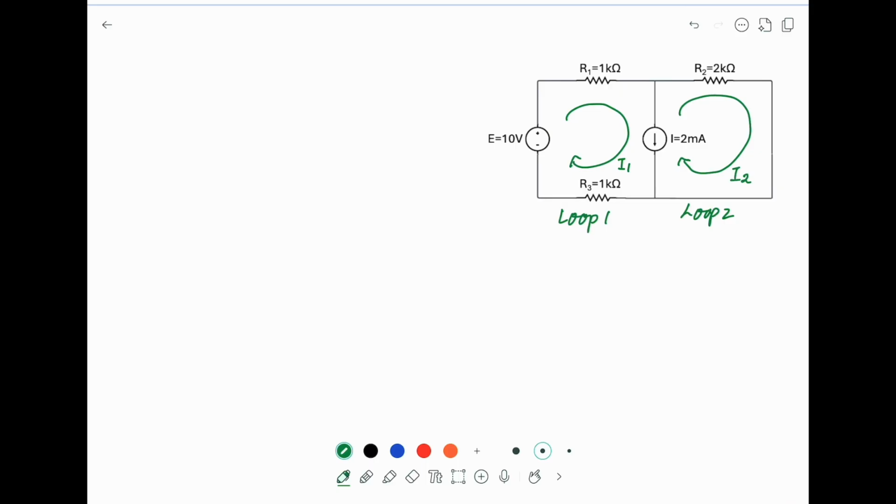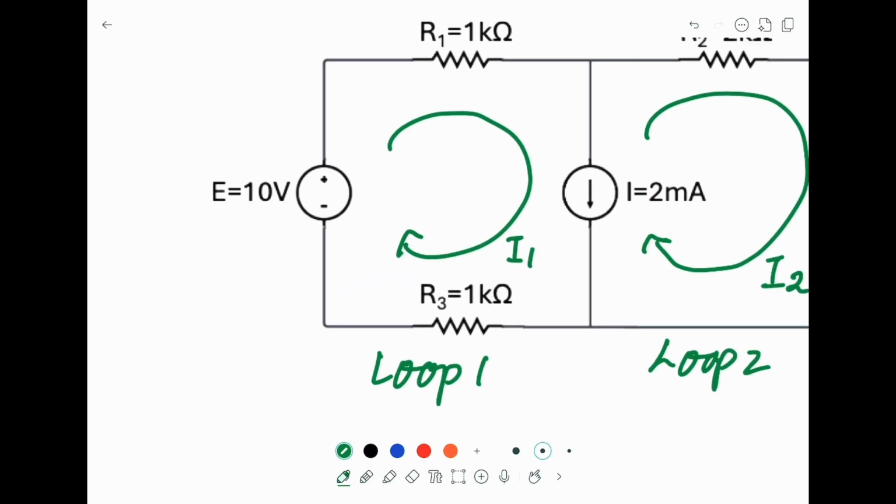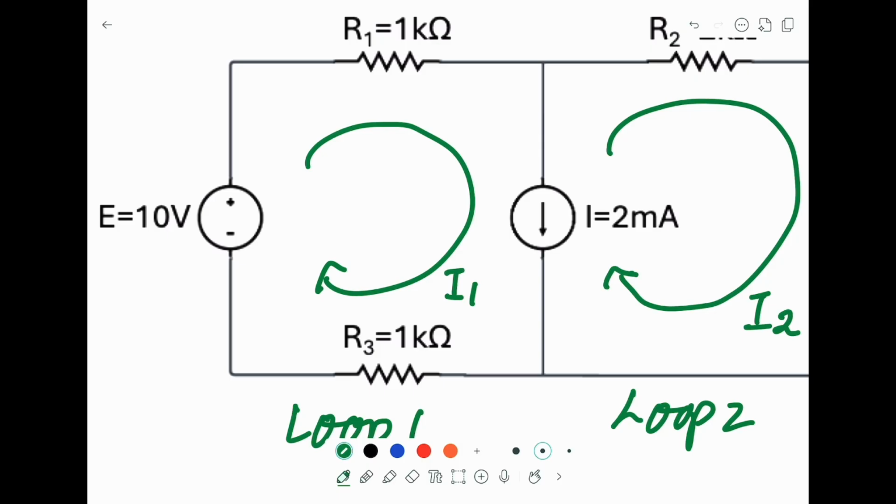However, we have a difficulty this time, because in mesh analysis we have to apply KVL on both loops, but we only know the 2 milliamp current source connecting from here to here. We don't know the voltage, so we cannot really apply KVL along loop 1 and loop 2.